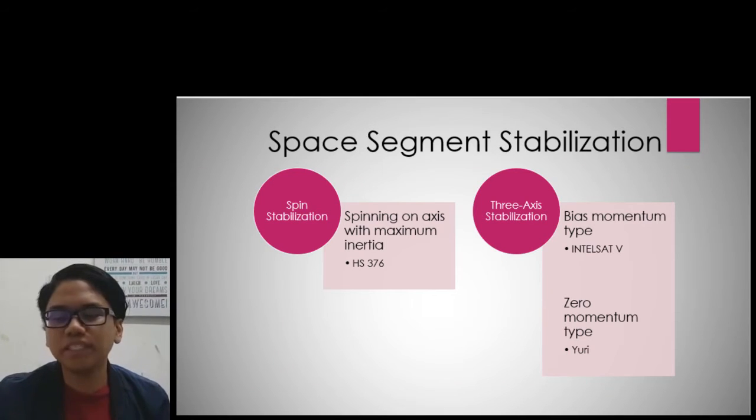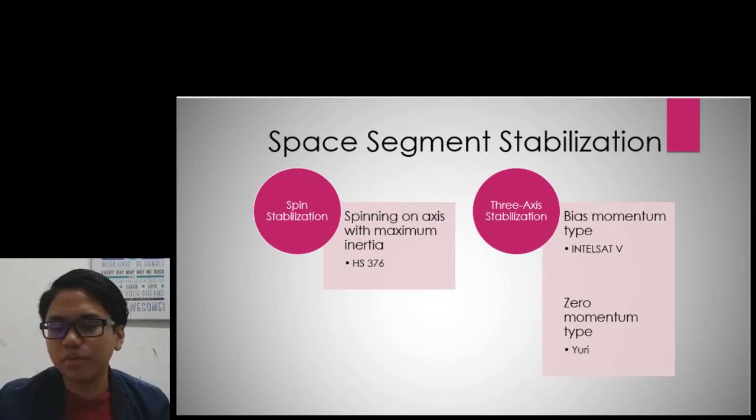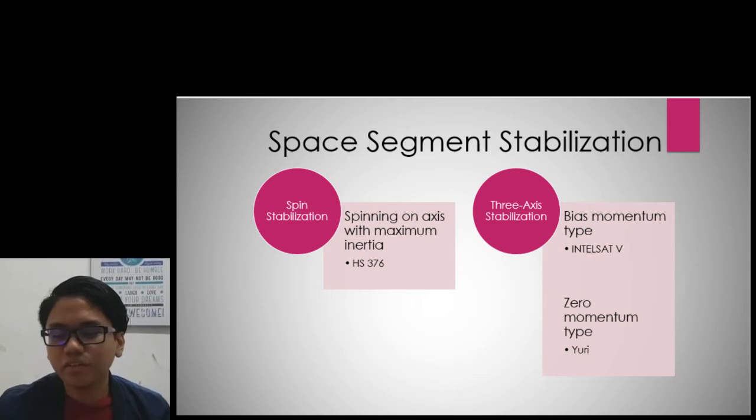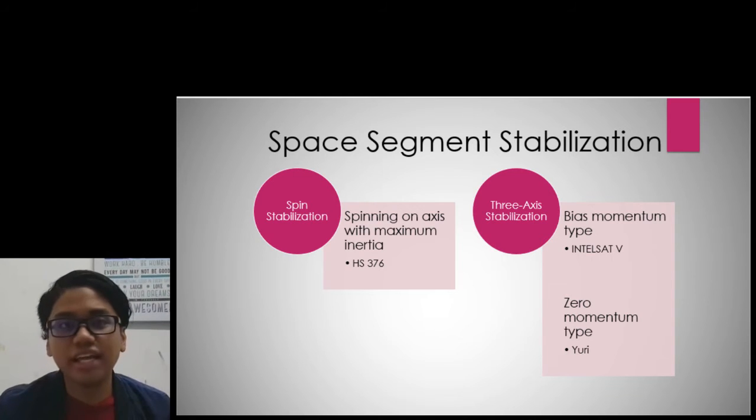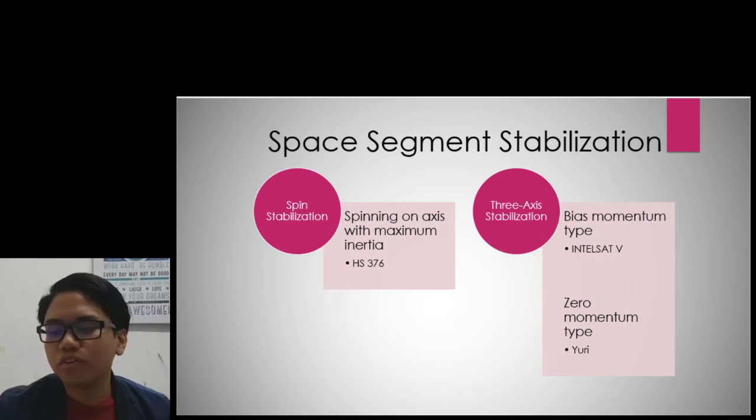Okay, for space segment stabilization, there are 2 types that we consider: spin stabilization, for spinning around an axis with maximum inertia, and the second one is 3-axis stabilization, for bias momentum type and zero momentum type.